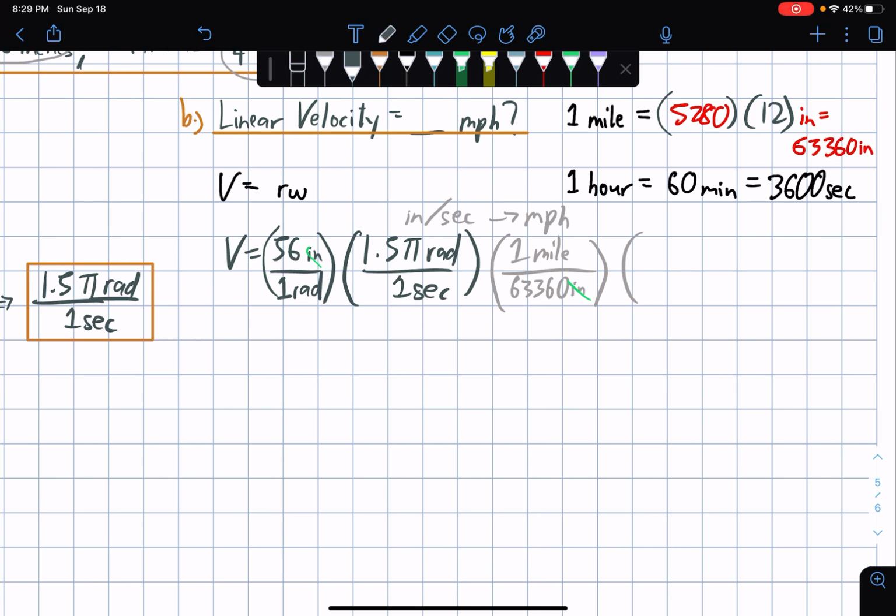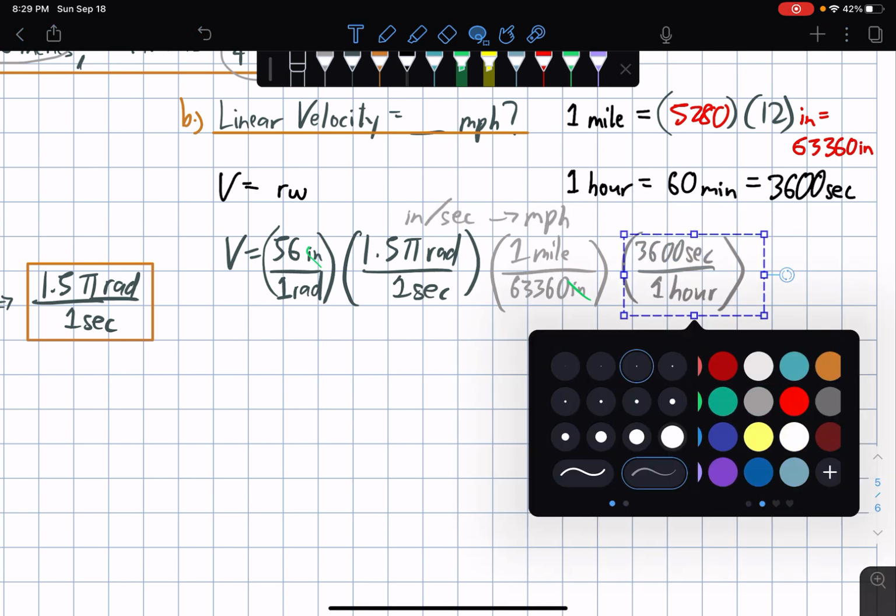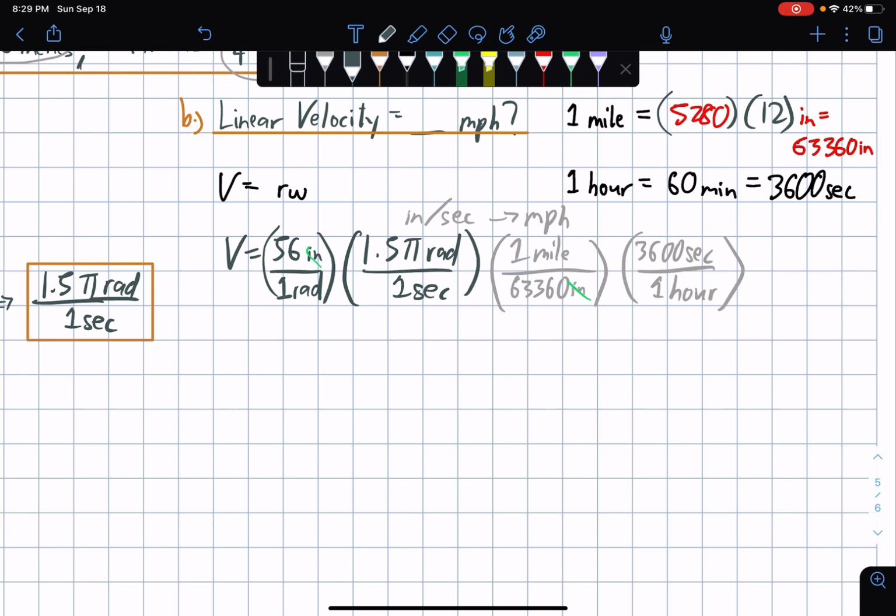So 3,600 seconds is equal to 1 hour. Okay, and so let's cancel the current units that we have and bring in the new ones.